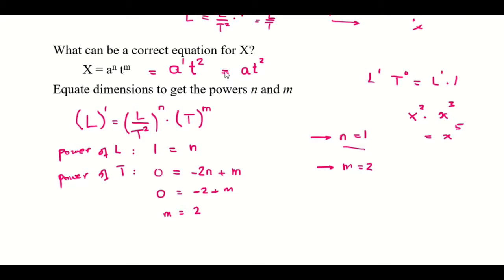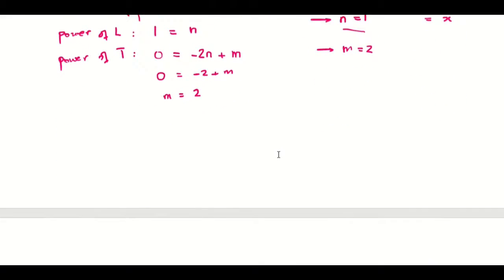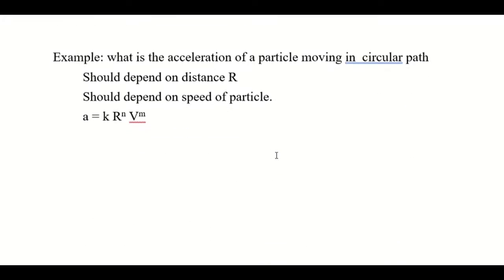In this case, when we do the experiments, what we find is that it's equal to half a t squared. So this half is a constant, which we do not get by dimensional analysis. By dimensional analysis, we get the powers of these terms. It's a very powerful tool, especially for chemical engineering and mechanical engineering. That's used quite a lot.